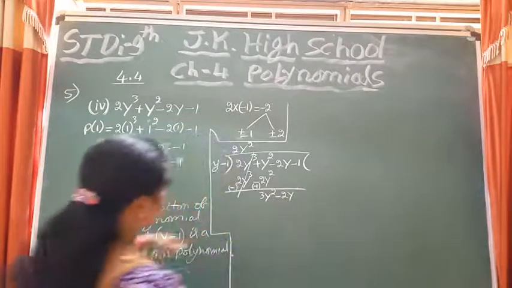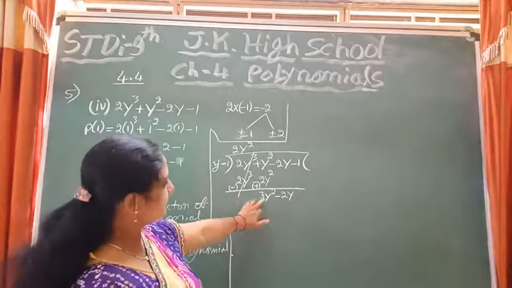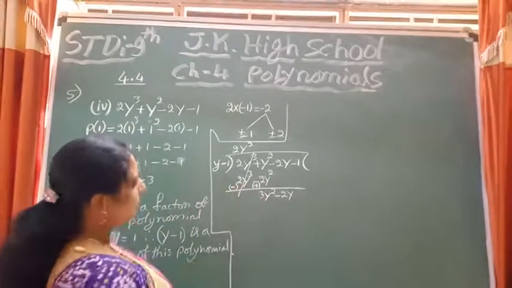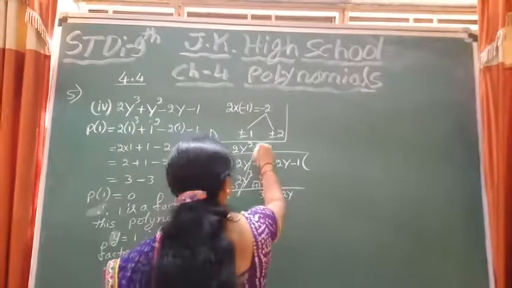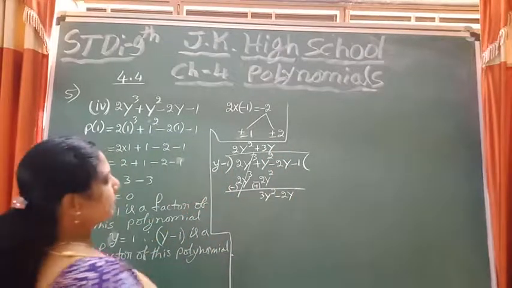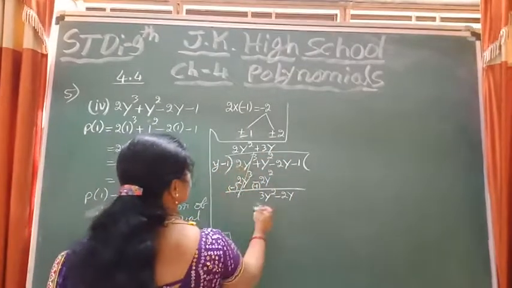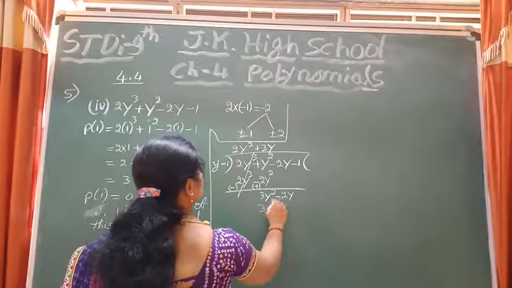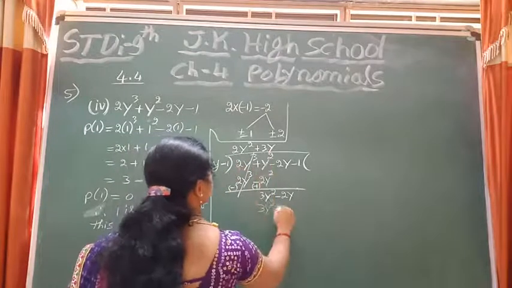Now 3y square divided by y, 3y remains, so plus 3y including sign. Multiply 3y into y, 3y into y is 3y square, plus into minus minus.